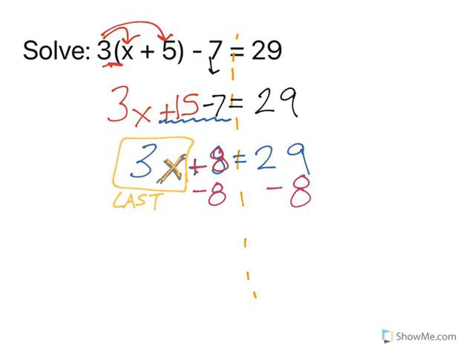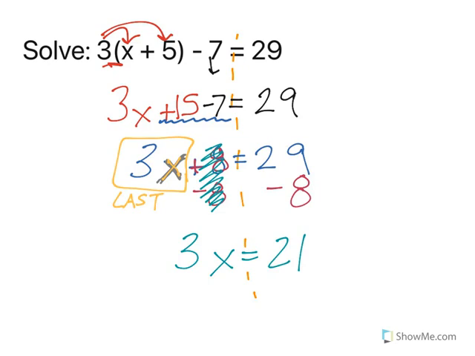And this is where you have to do the same thing to both sides because I am introducing a new piece to this problem. So I had a positive 8 and I'm subtracting 8. So 8 minus 8 is 0 on the left side and I am left with just 3x. And on the right side I have 29 minus 8, which is 21.